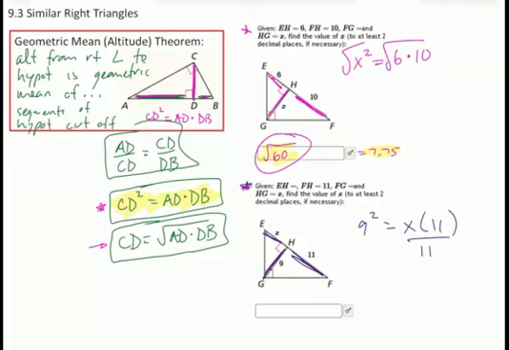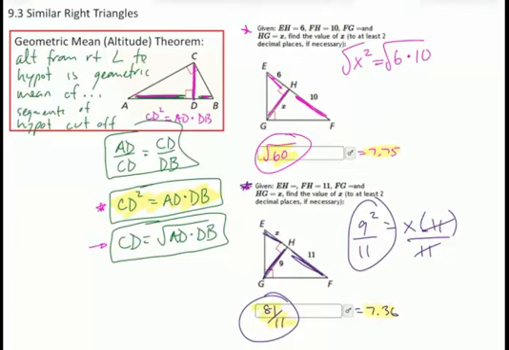If we divide both sides by 11, we get 9 squared, which is 81 over 11. Once again, it's a quick calculation, and you can enter it as the decimal value or leave it as the calculation or the fraction.